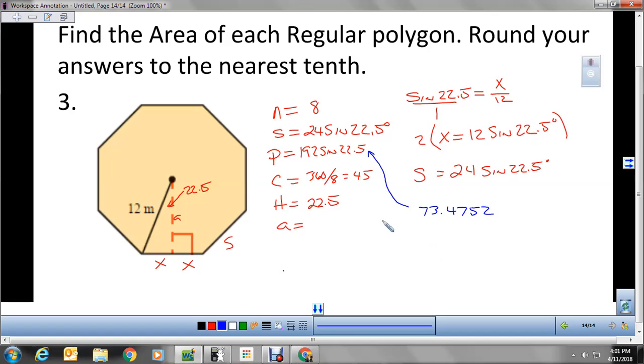All right, so now the apothem. This is going to be found by taking our cosine because the apothem is the adjacent leg to 22.5, and this is the hypotenuse. So cosine of 22.5 is equal to the adjacent, which is a, over 12, which is our hypotenuse. So cross multiply, a is equal to 12 cosine 22.5.